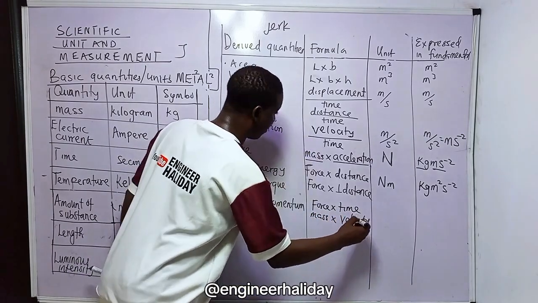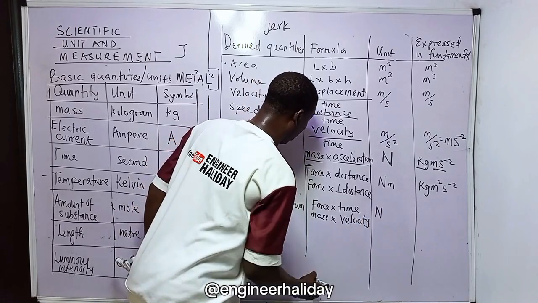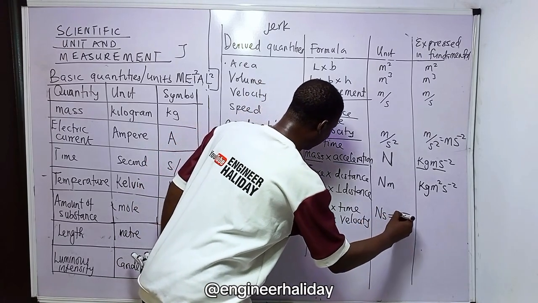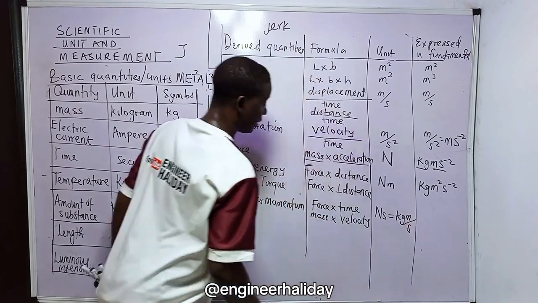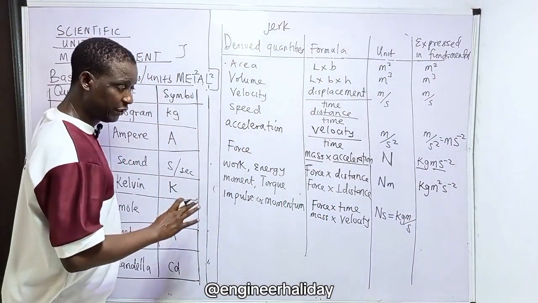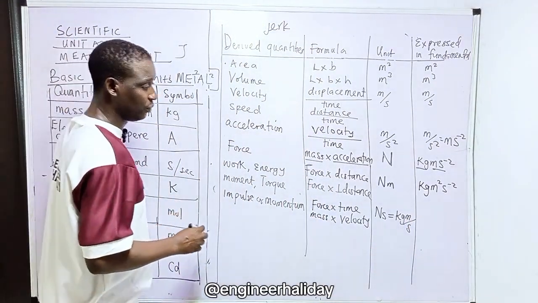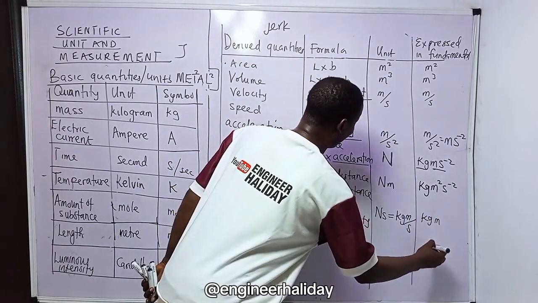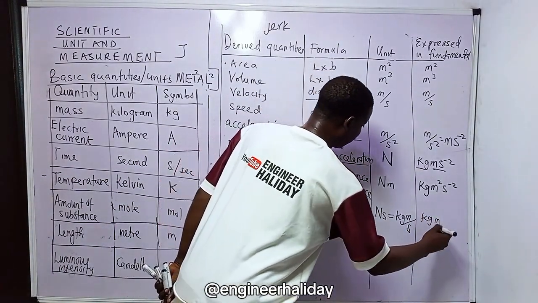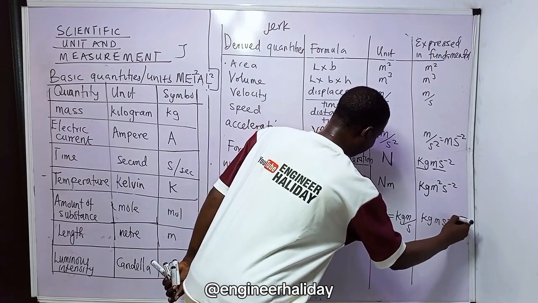Don't forget, the two of them have an equivalent unit called Newton second, which is the same thing as kg meter per second. If you derive them, it's the same thing, so the fundamental unit is kg meter per second.